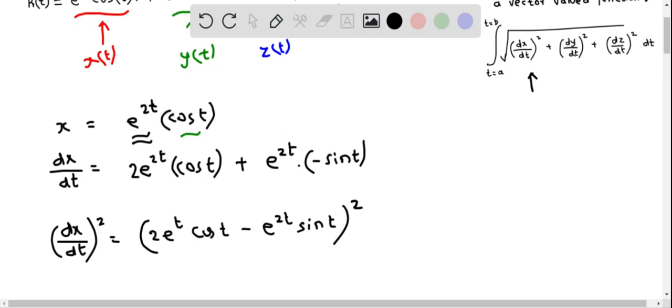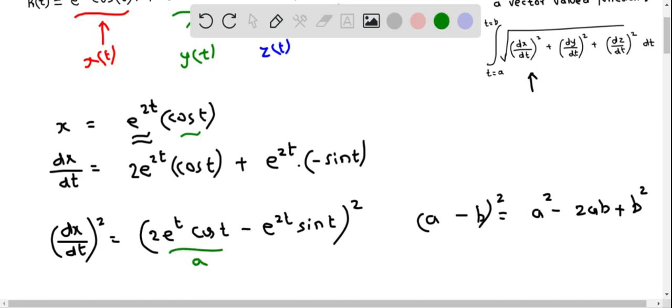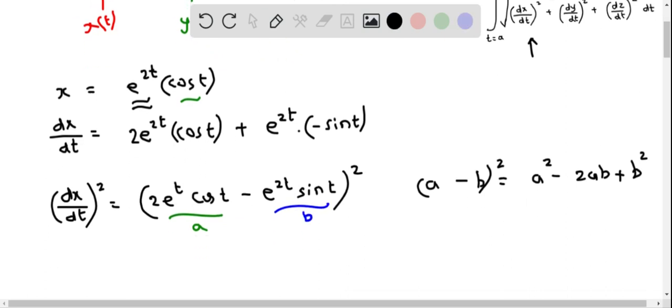To square this, I'm going to use the algebraic identity (a minus b) squared equals a squared minus 2ab plus b squared. Here we consider the first term as a and the second term as b, and apply this identity.